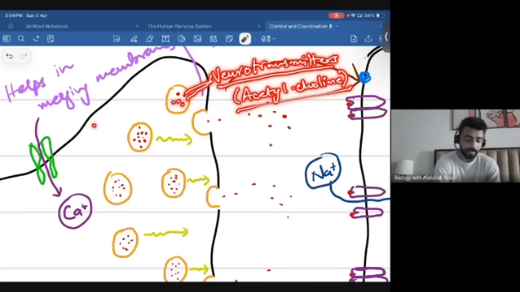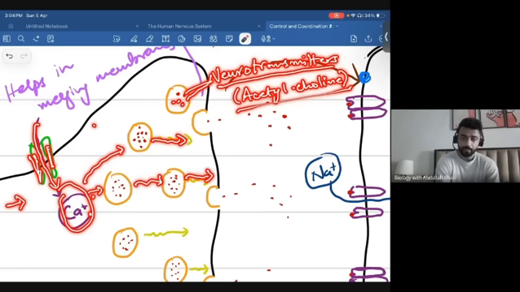Yes. As the calcium ions get in, when the channels open, which were stimulated by the electrical impulse, calcium ions get in. Calcium ions stimulate these vesicles to move towards the presynaptic membrane.